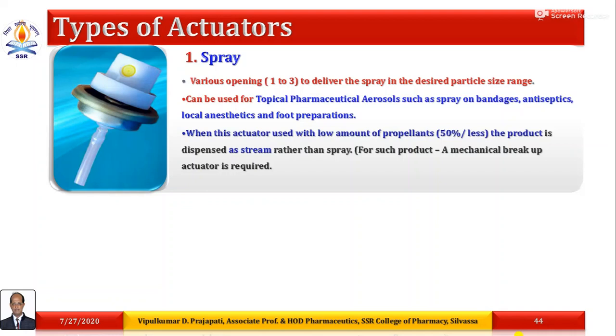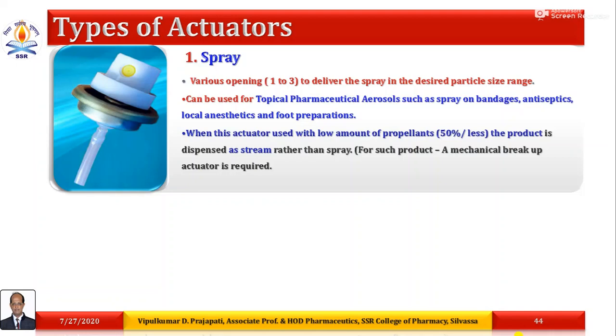These types of actuator can be used for topical pharmaceutical aerosols such as spray on bandages, antiseptics, local anesthetics, and food preparations. When this actuator is used with a low amount of propellant, that is 50% or less propellant, the product is dispensed as a stream rather than spray.